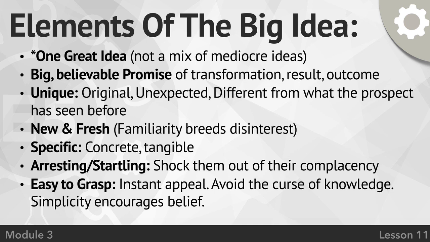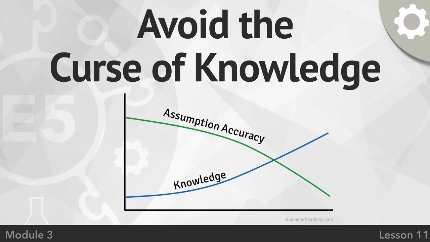Now, it's important that you avoid what is typically referred to as the curse of knowledge. The curse of knowledge is really this cognitive bias that occurs when we're predicting what other people understand. We typically overestimate what they will understand based on our own level of knowledge.